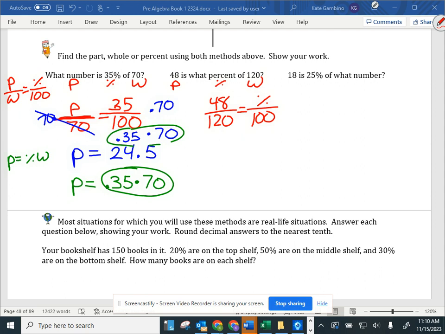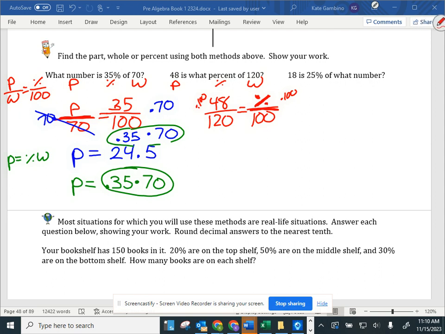Then you'd have to divide it by 100. I have a percent here that is divided by 100. Oh yeah, so we have to multiply by 100. Multiply by 100. Dividing by 120.